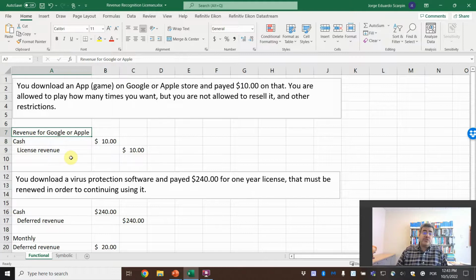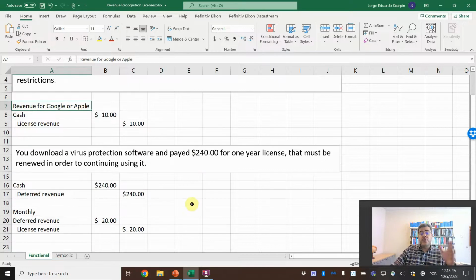So no issue here. However, you download a virus protection software and pay $240 for a 1-year license. That must be renewed in order to continue using it, or you need to upgrade in order to continue using it. So now it's cash and deferred revenue, $240, and you recognize this revenue over time.